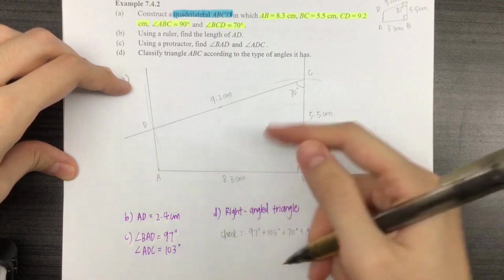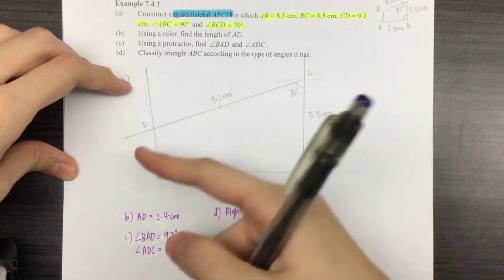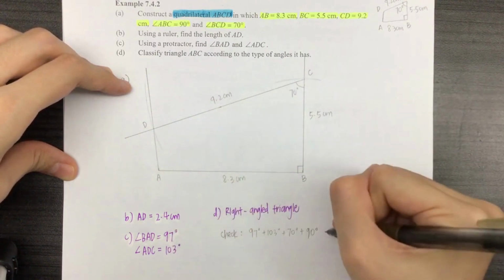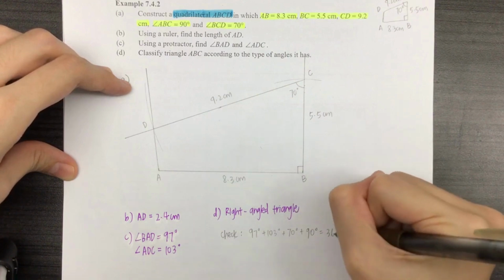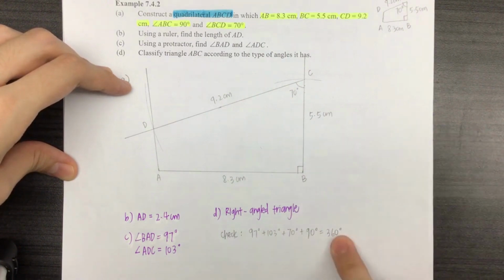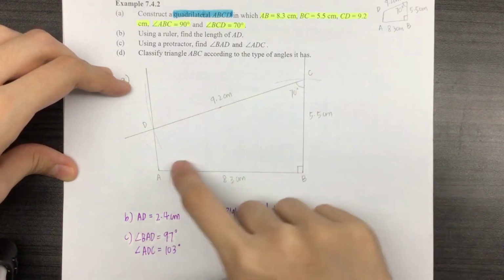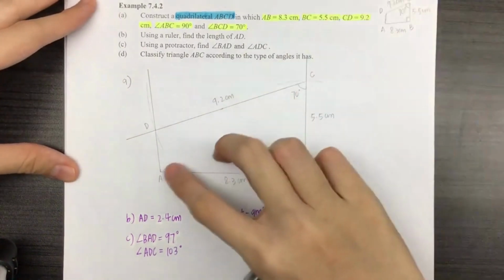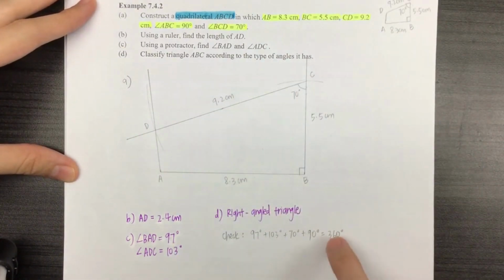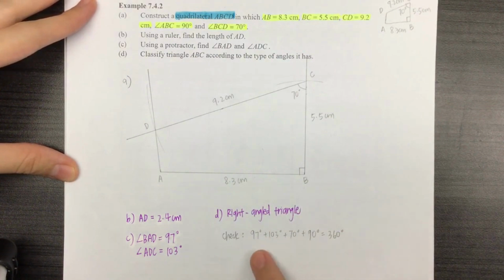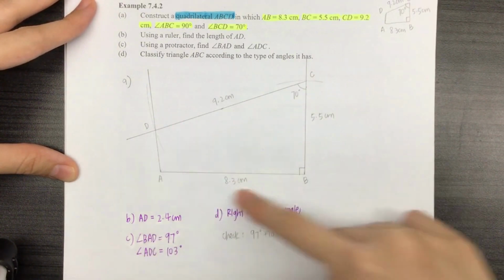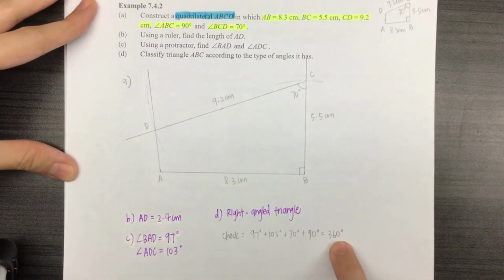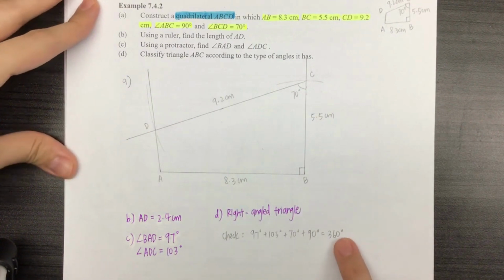You realize that the sum of interior angles will be, if I use the calculator, 360 degrees. Because this is a quadrilateral, the sum of interior angles is always 360, and that's when you know that your measurement of the angles is correct, if they all add up to 360.